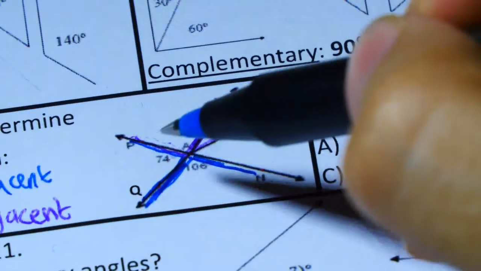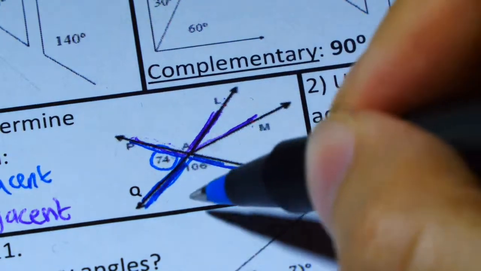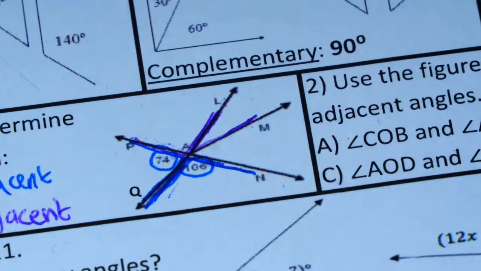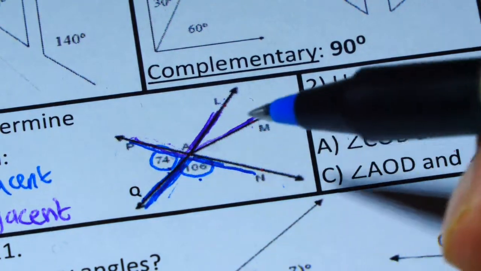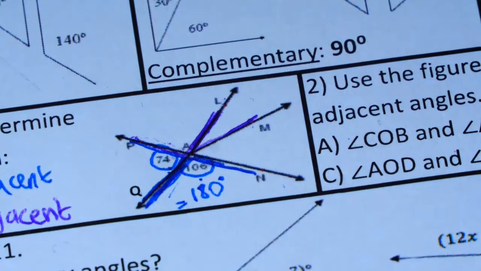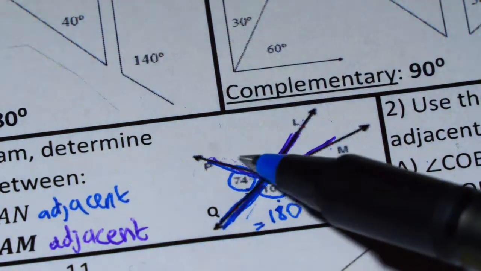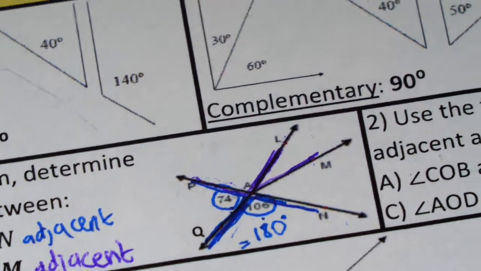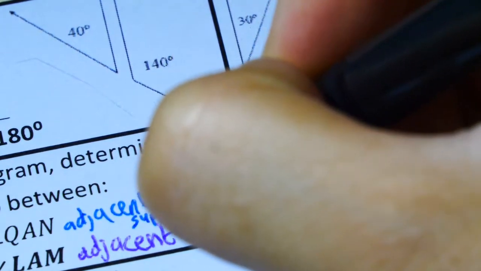But if you look at this angle here, this angle is 74 degrees and this angle is 106 degrees. If you add 74 plus 106, you make 180 degrees. So the word for this is supplementary. These two angles are supplementary. So it is adjacent and supplementary.